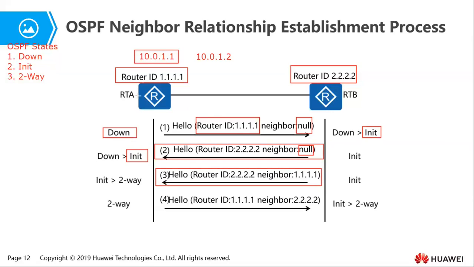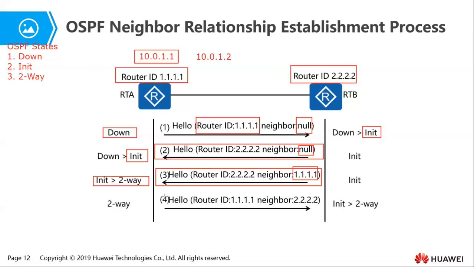Okay, then step number 3 here is now RTB is sending a hello packet to RTA with RTA's router ID on its neighbor list. So meaning that RTB has already learned about this neighbor. So when RTA receives this hello packet with its own router ID in RTB's neighbors list, then it transits from the init state to two-way state.